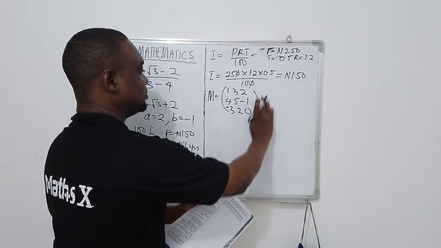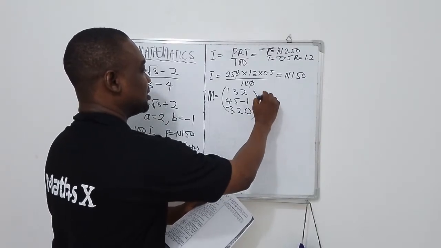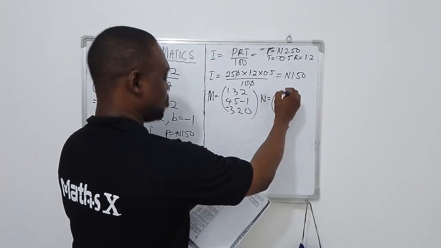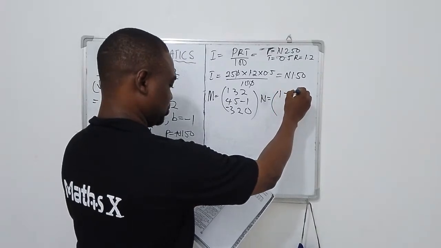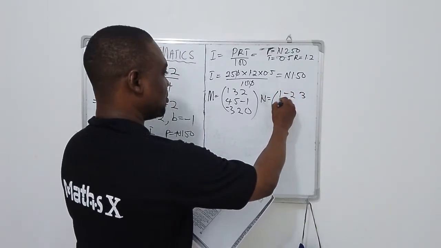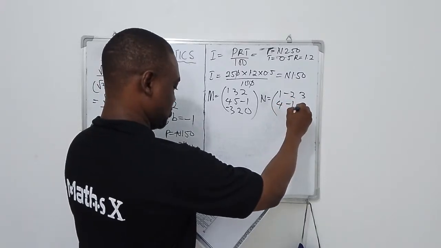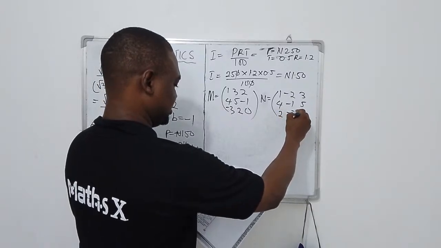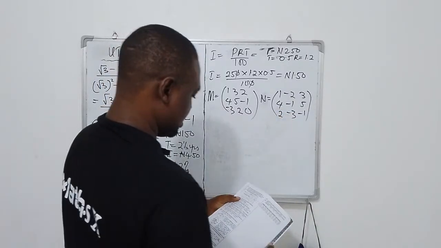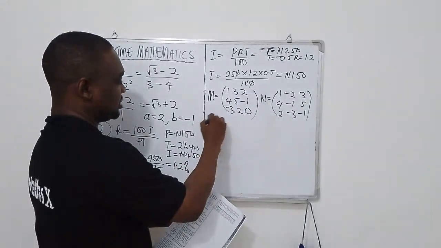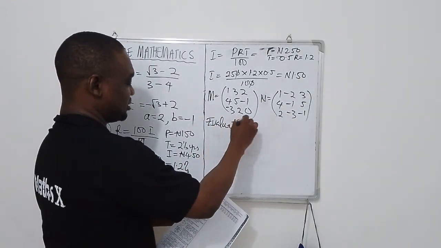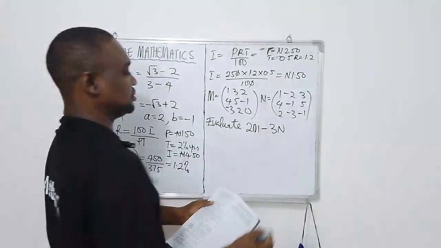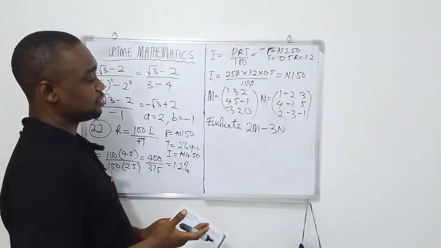Then the matrix N is 1, minus 2, and 3, 4, minus 1, and 5, 2, minus 3, and minus 1. We should evaluate 2M minus 3N.